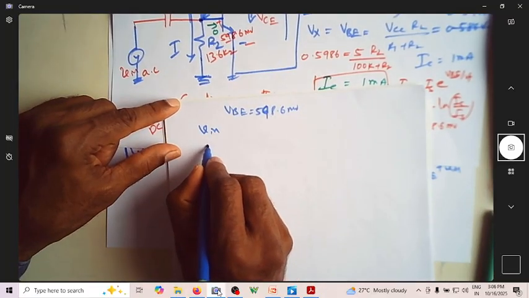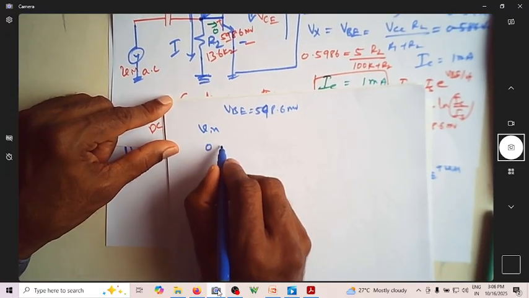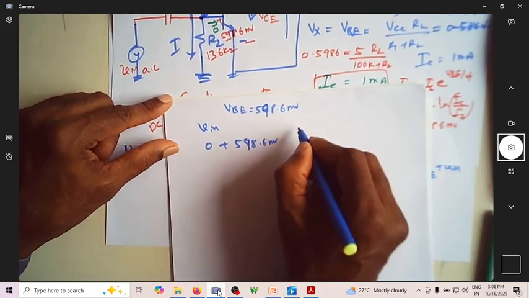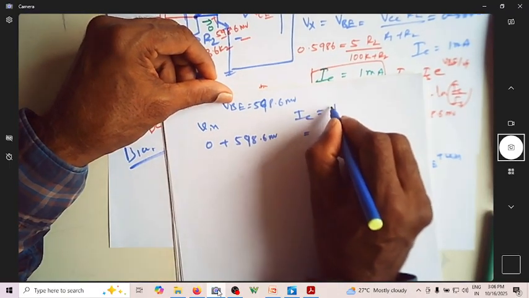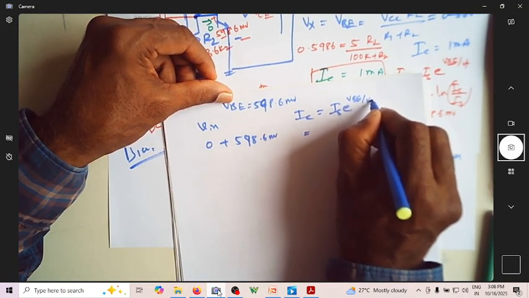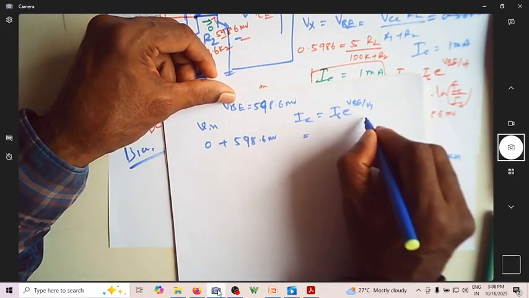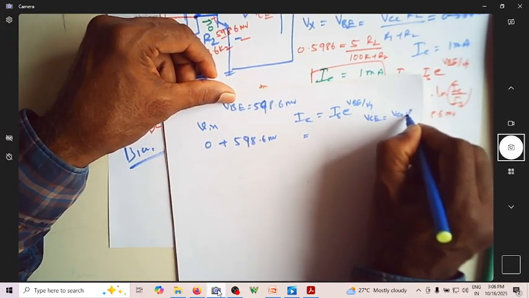Assume that if the input Vin is 0, then it is 0 plus 598.6 millivolt. And what is IC? IC is nothing but IS e to the power VBE by VT, where VBE is this plus this. And then what is VCE? VCE is nothing but VCC minus IC RC.